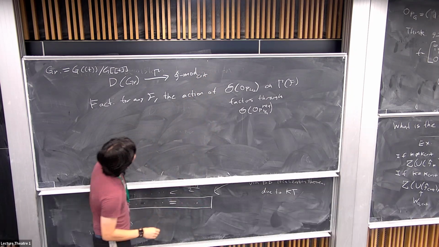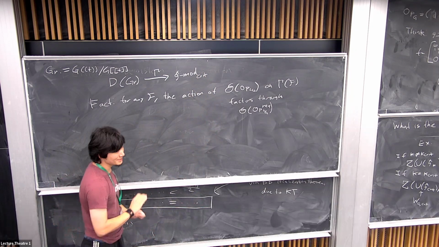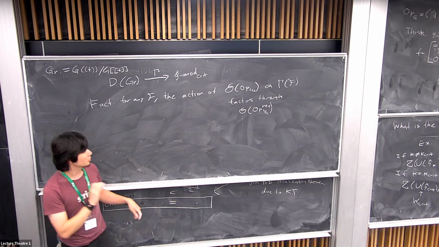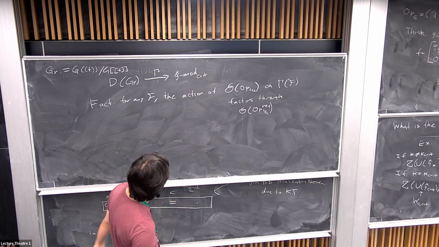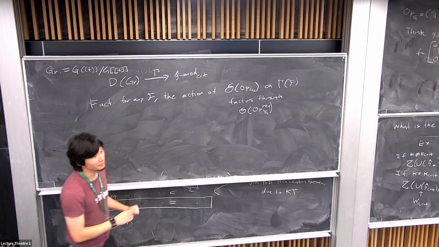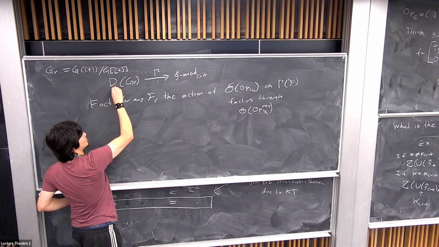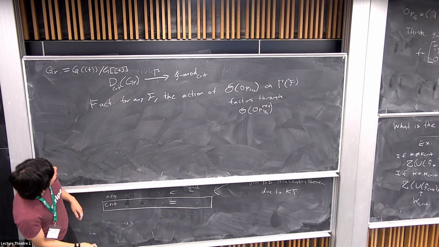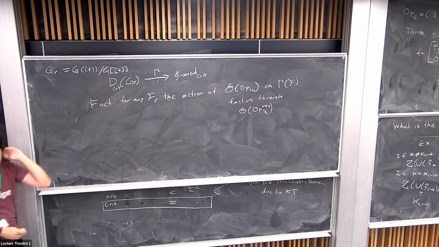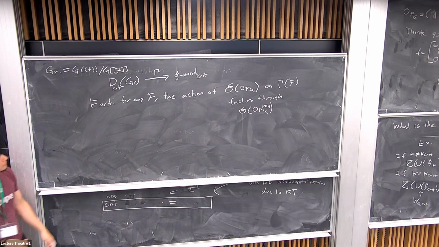In general, everything I'm going to say from now on, unless I explicitly say otherwise, is going to be for critical level. I'll try and write it, but if I forget, assume I mean critical level. So here, actually I also mean critical, but you can twist it away, so whatever.